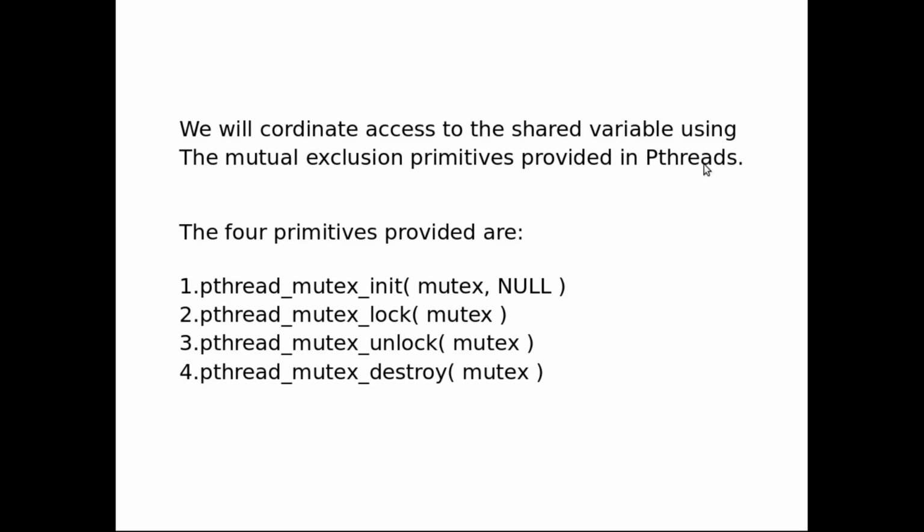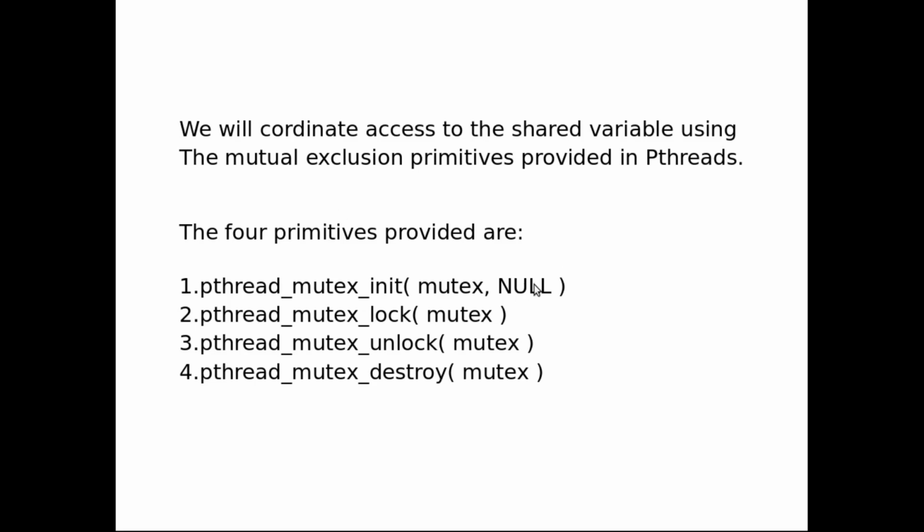Now to coordinate access to the shared variable, we can use the mutual exclusion primitives provided in the pthreads library, and for that we have 4 different primitives. The first one is mutex init, with which we can initialize a mutex. We pass a null argument, or you can pass the attribute object instead.